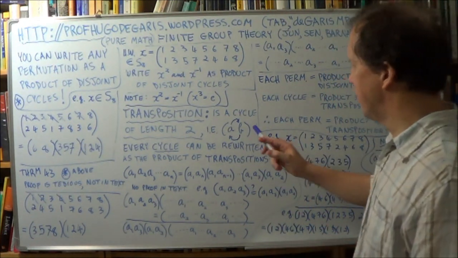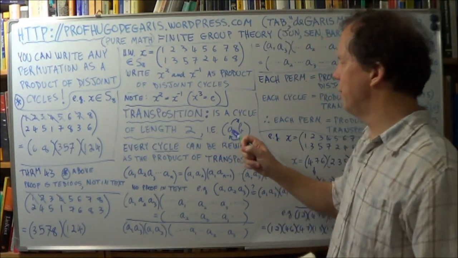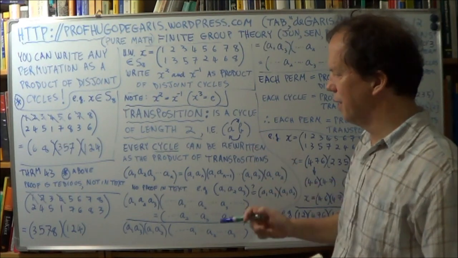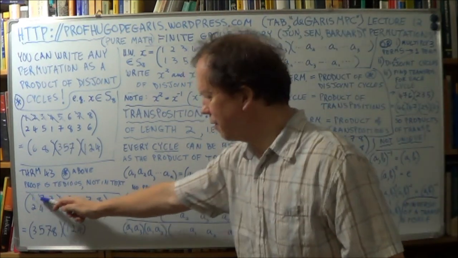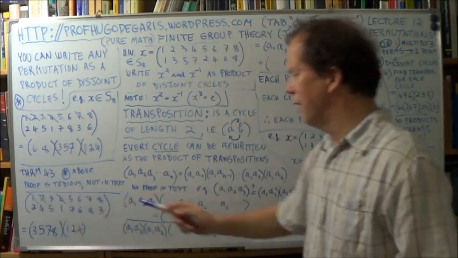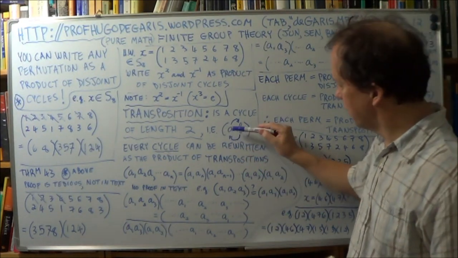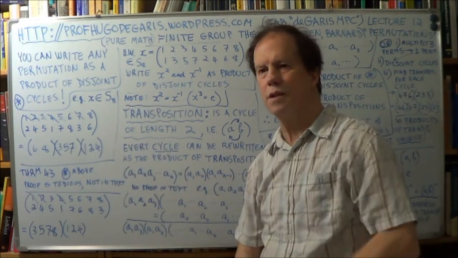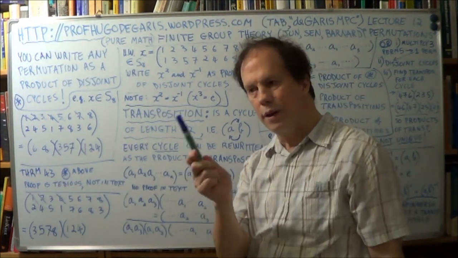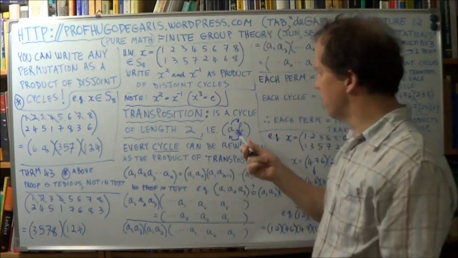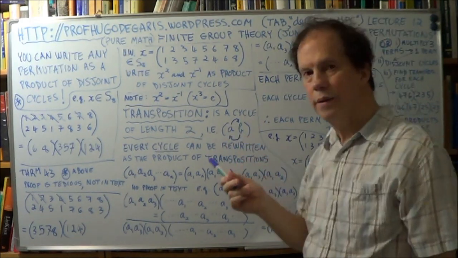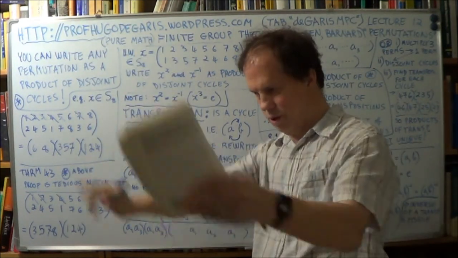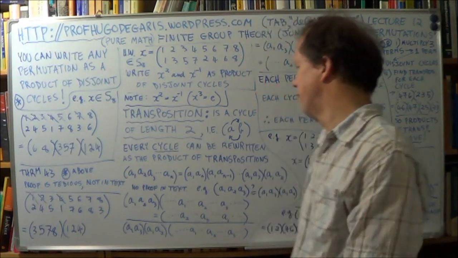If you apply a transposition to your set of objects, effectively A goes to B and B goes to A. So in other words, it's just a swapper. A transposition swaps A for B and B for A. It just swaps the two around.